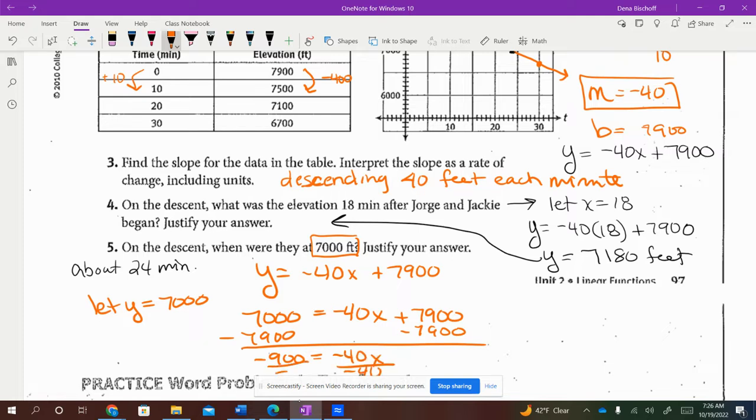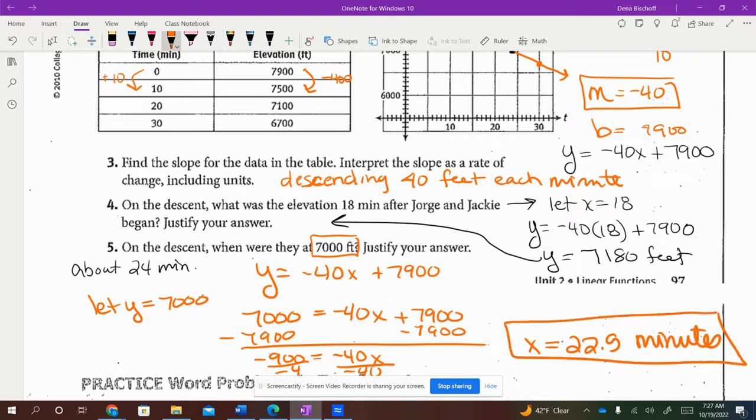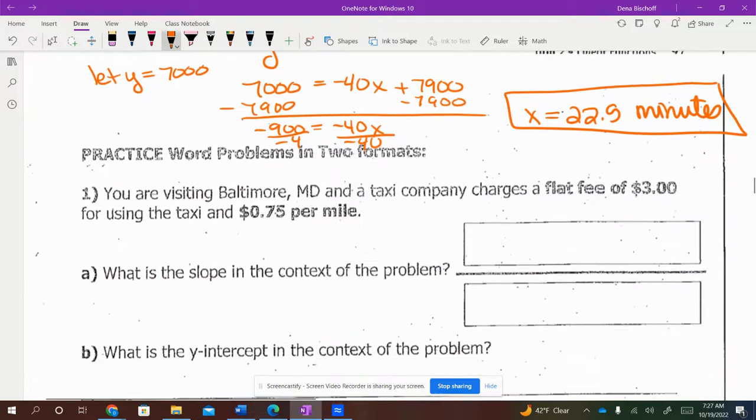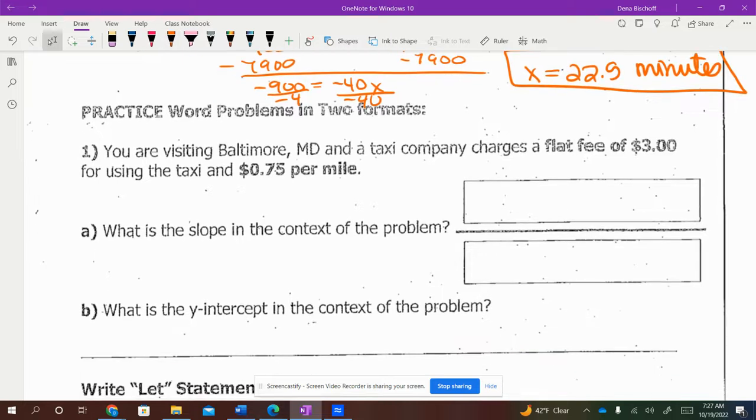Divide both sides by negative 40. So 900 divided by 40 is 22.5 minutes. So after 22 and a half minutes, they will be at an elevation of 7,000 feet.